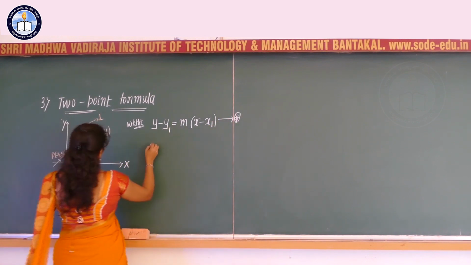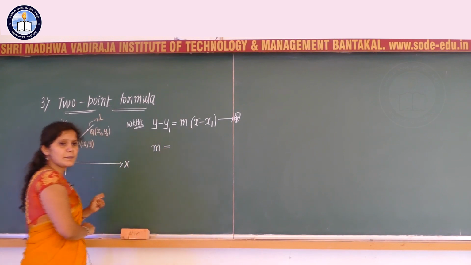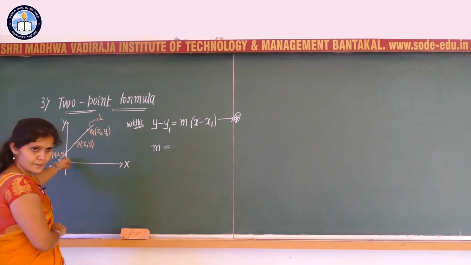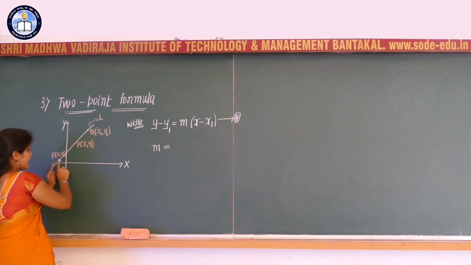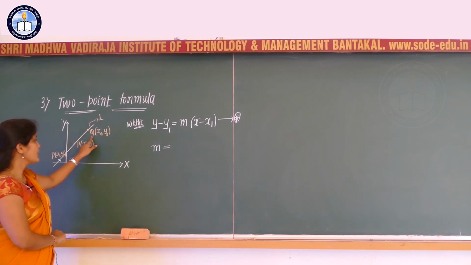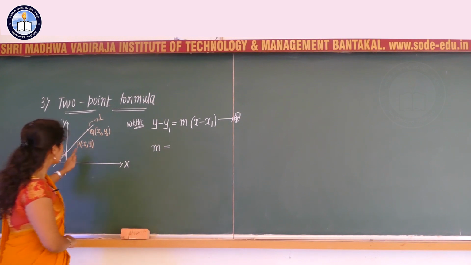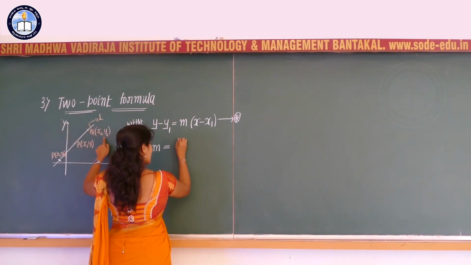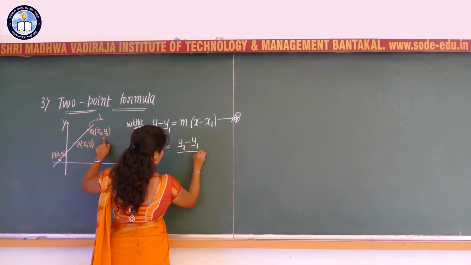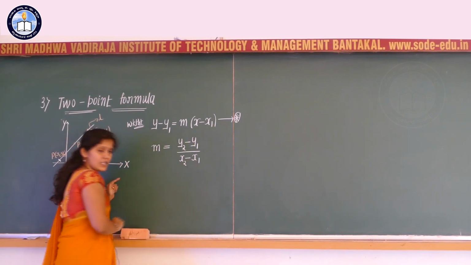With respect to this line, what is meant by m? The slope of the line joining two points. We have 2 points: P with the coordinates x1, y1 and Q with the coordinates x2, y2. The slope of the line joining these two points, I can write m as y2 minus y1 divided by x2 minus x1.